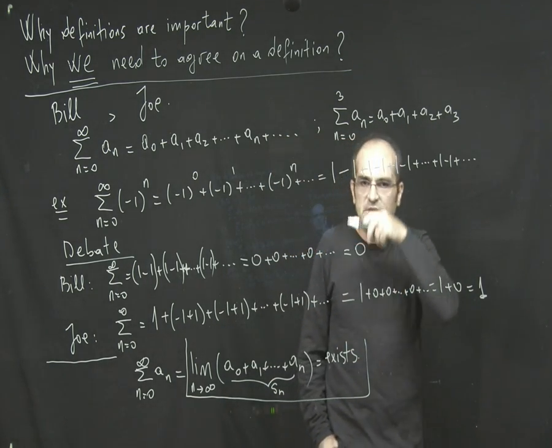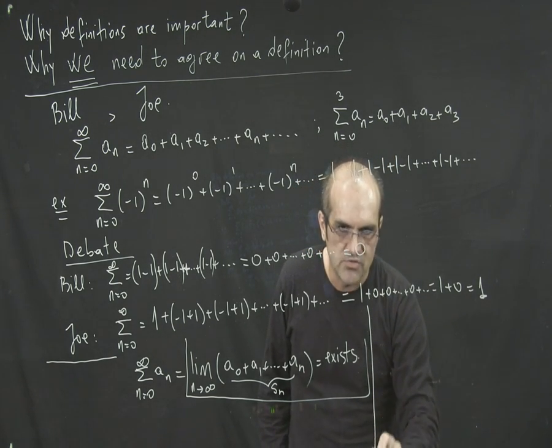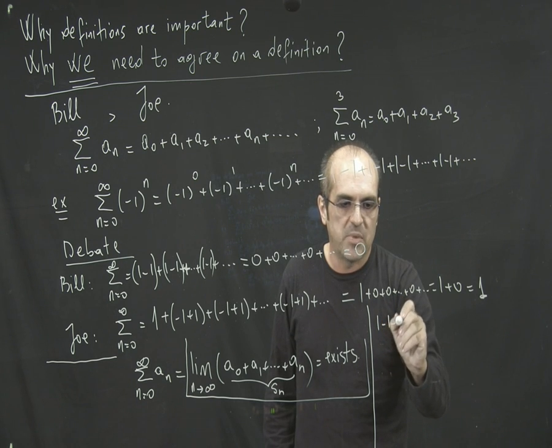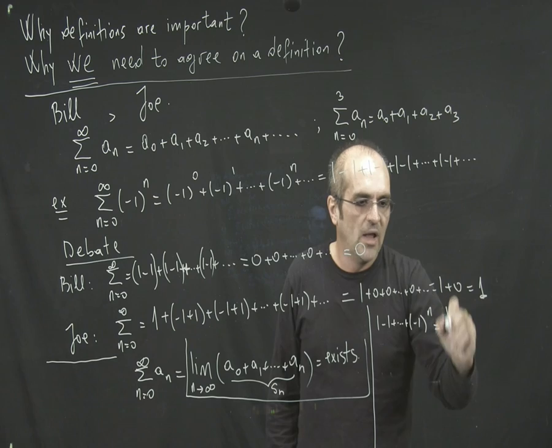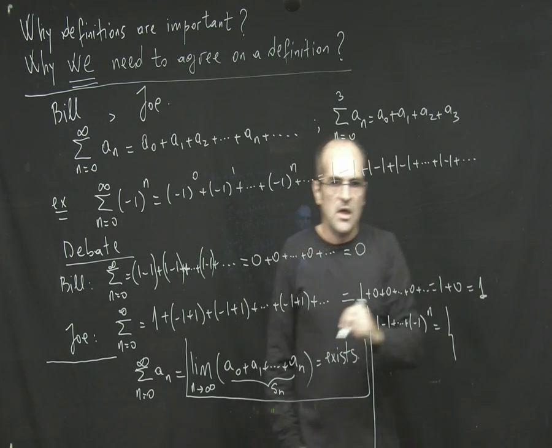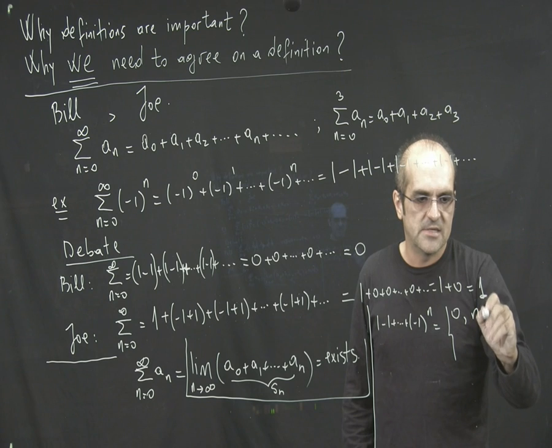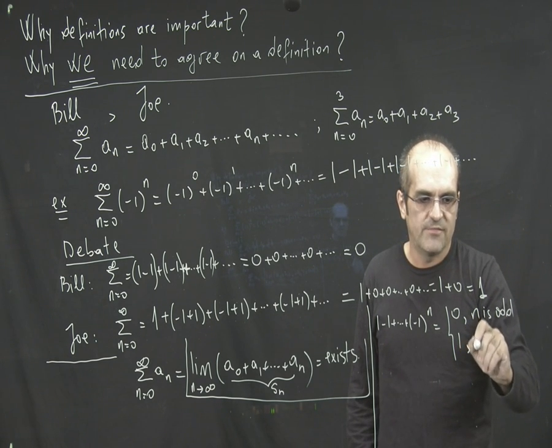So then if we go back to the examples we talked about here, we can clearly see that if you take the sequence of partial sums, so if you add 1 minus 1 plus ... minus 1 to the n, well, again, I started the count from 0. That means this is going to be either 0 if n is odd, and 1 if n is even.